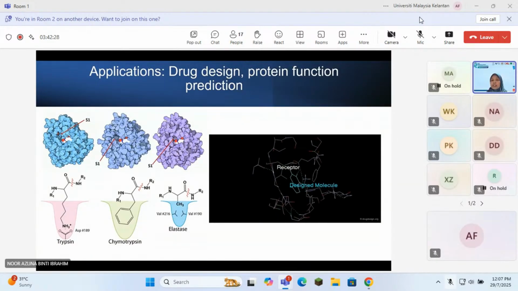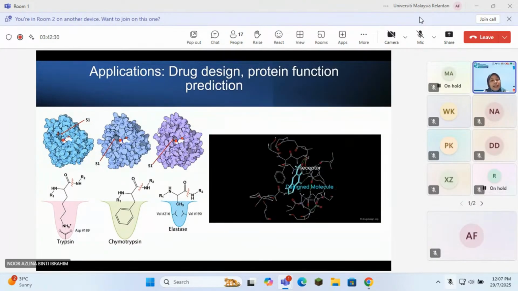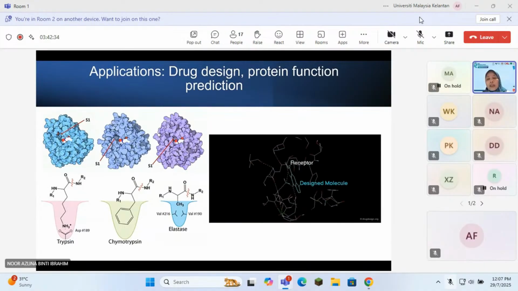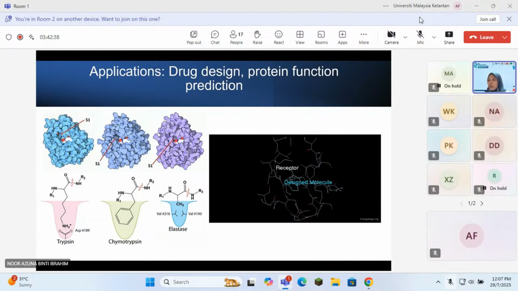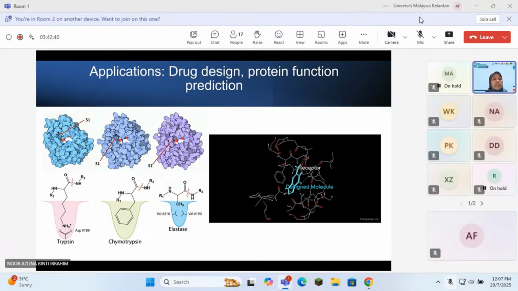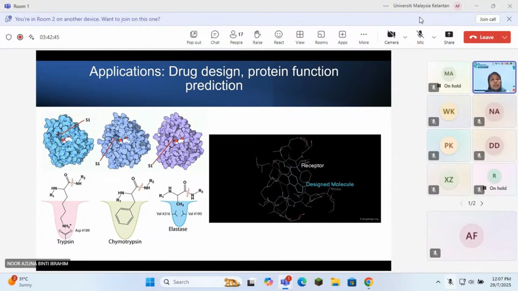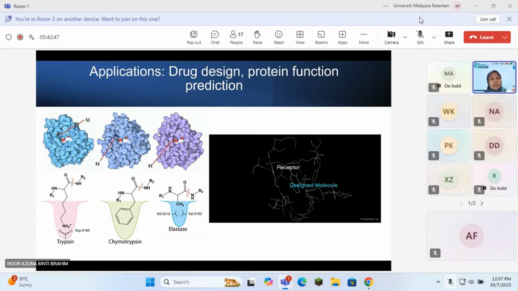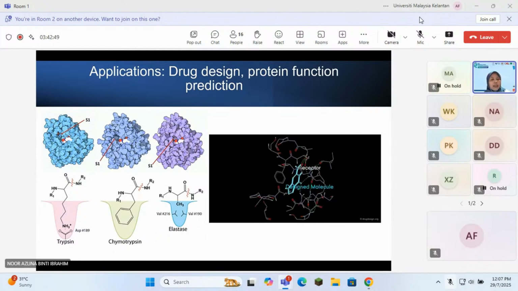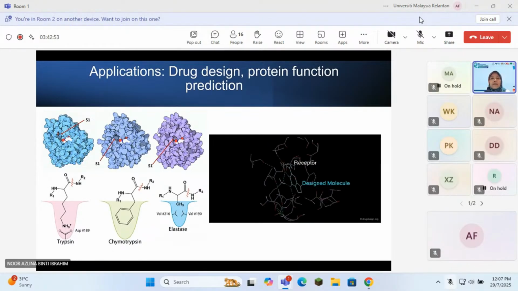For the application of the 3D structure, for example, here I can study the mechanism of action of the protease. As I show here, the structures of trypsin, chymotrypsin, and elastase. Each enzyme has a different type of binding pocket.